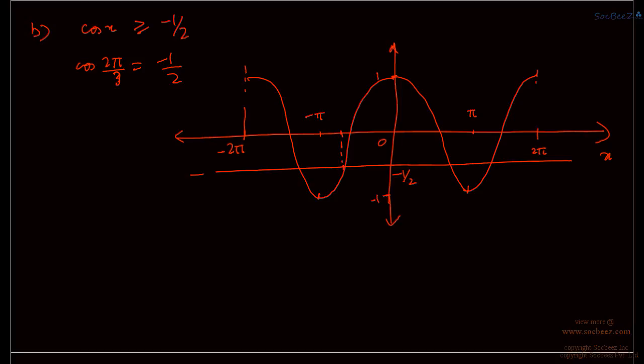Now this is our minus 2 pi by 3, and this is 2 pi by 3, right? So in all of this, cos x will be greater than minus half.